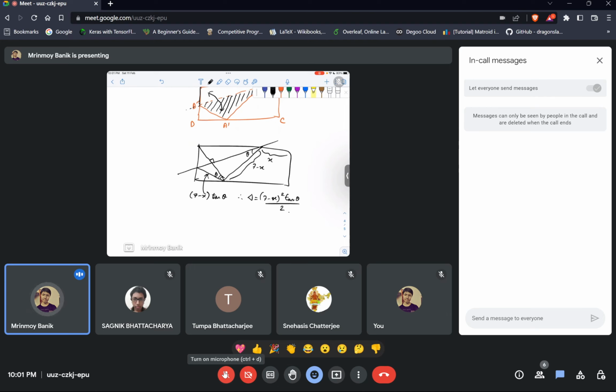But theta and x can't be independent, so we need to bring it down to one variable.